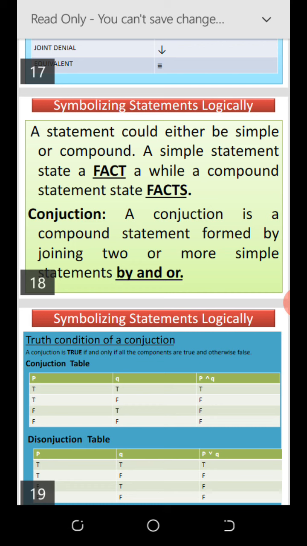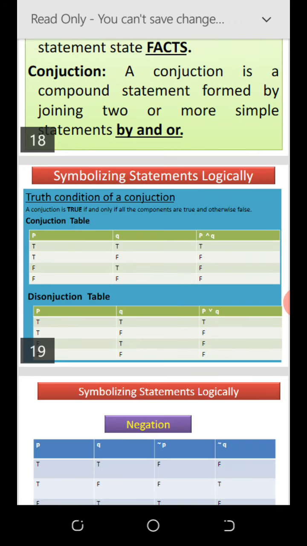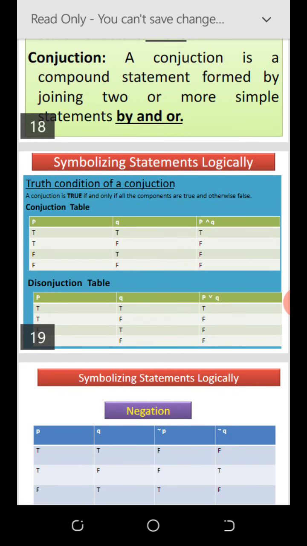So when you look at that, you will now discover how you can symbolize a statement logically. You can do that by using the truth condition of a conjunction.